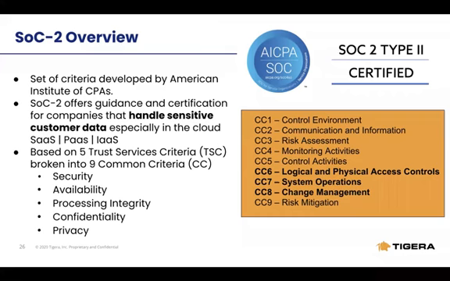Anything like if you're offering a SaaS, PaaS, or IaaS product that has any customer data pretty much needs those SOC 2 requirements to be met. It is based on 5 TSCs, trust services criteria, broken into 9 common criteria. The trust services criteria are security, availability, processing integrity, confidentiality, and privacy.